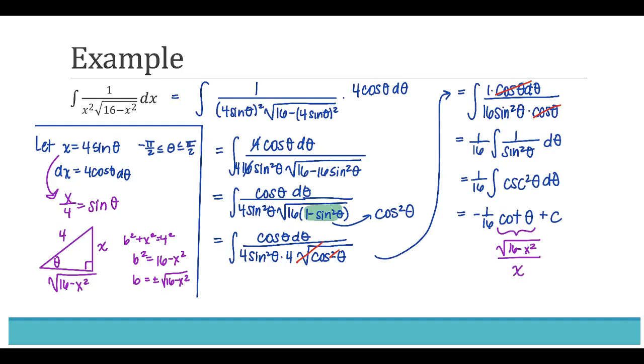And then what we have in front still is the times negative 1 over 16 plus c. So we can write this as negative radical 16 minus x squared over 16x plus c as our answer.